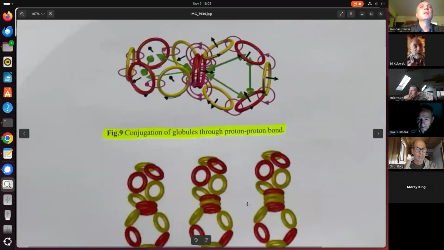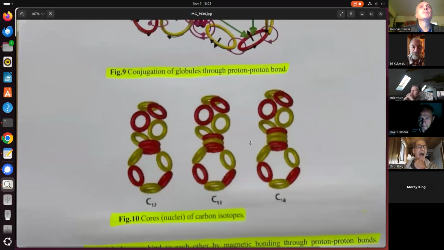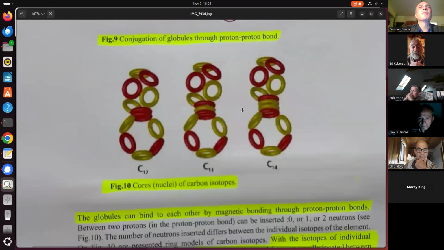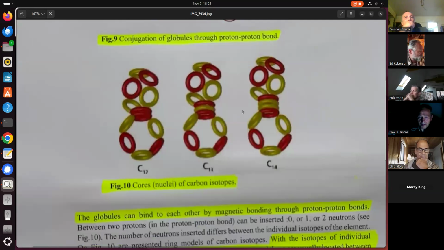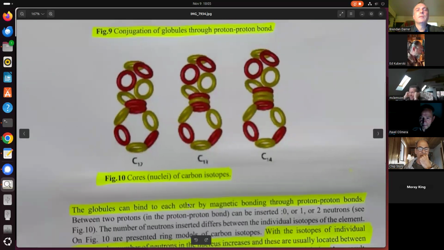And that's why I wanted to keep you guys moving along here, to see the actual brilliance of everything that he's done. So here are the core nuclei of carbon, different carbon isotopes, C12, C13, and C14. The globules can bind to each other by magnetic bonding through proton-to-proton bonds.